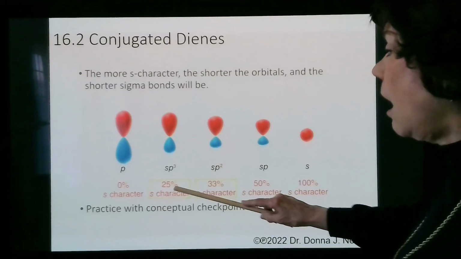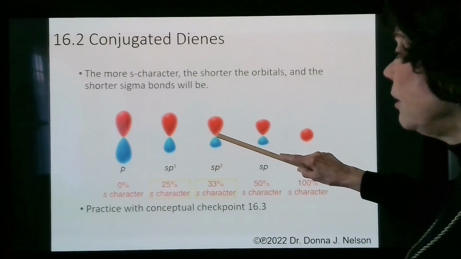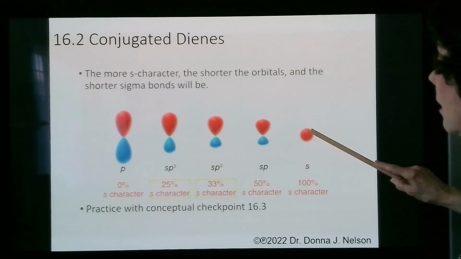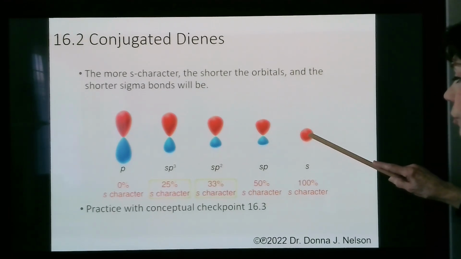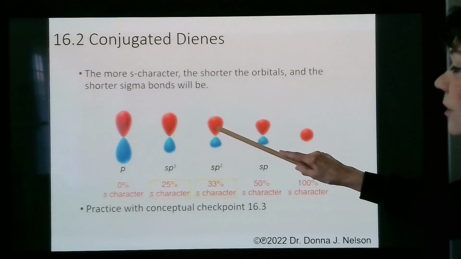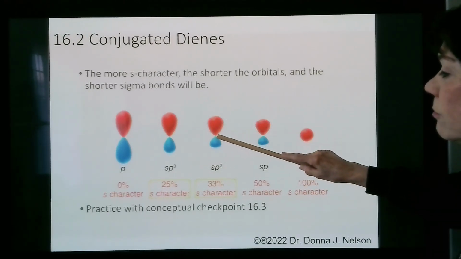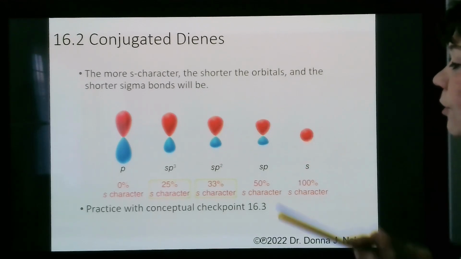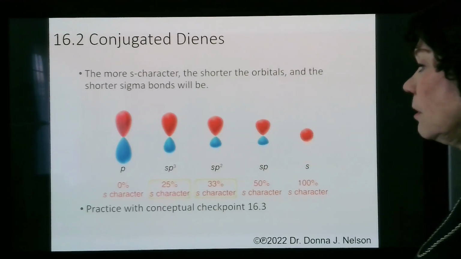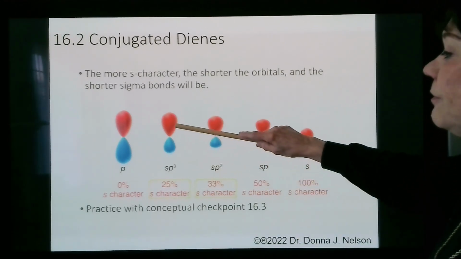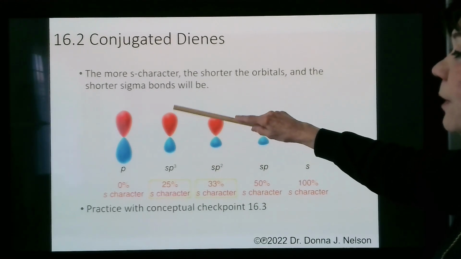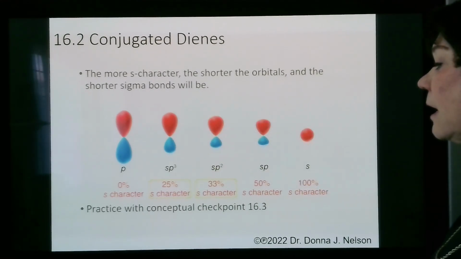They will lie closer to the nucleus, just like the S orbital. The electrons lie closer to the nucleus. So here these electrons lie closer to the nucleus. Any bond formed using the sp2 hybridized orbital will be shorter than a bond formed using the sp3 hybridized orbital.